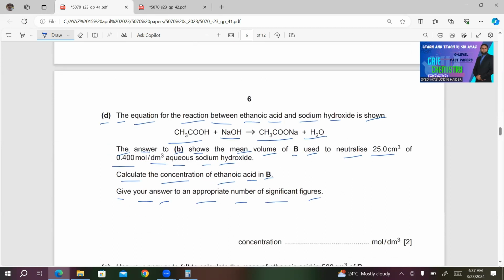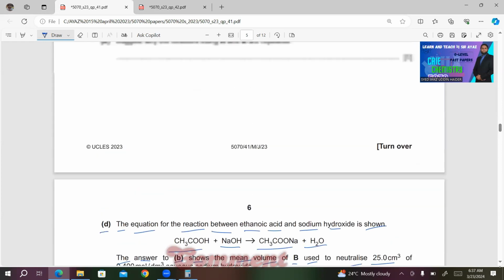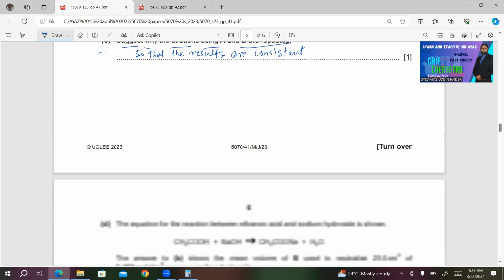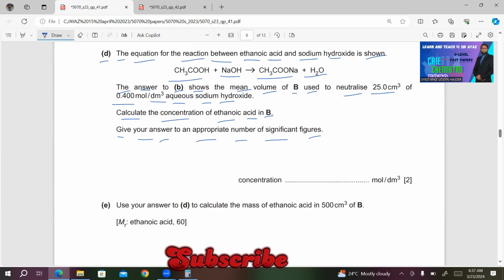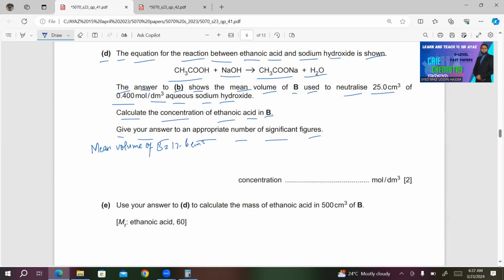Now we have the mean volume of B. What is the mean volume of B? It is 12.6, so I'm writing the mean volume, 12.6 centimeter cube.